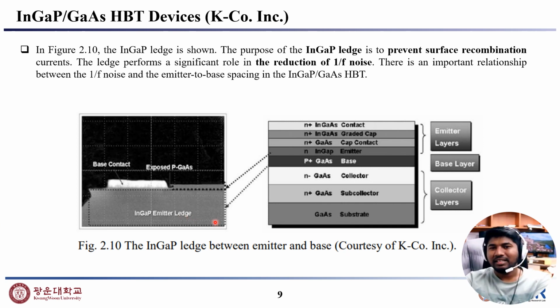So this ledge plays a significant role in the reduction of noise, and there is an important relationship between the noise and the emitter to base spacing in the indium gallium phosphide gallium arsenide HBT.